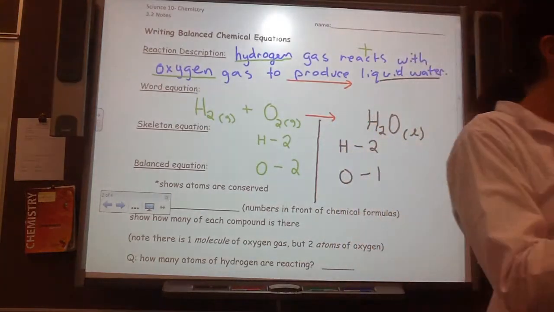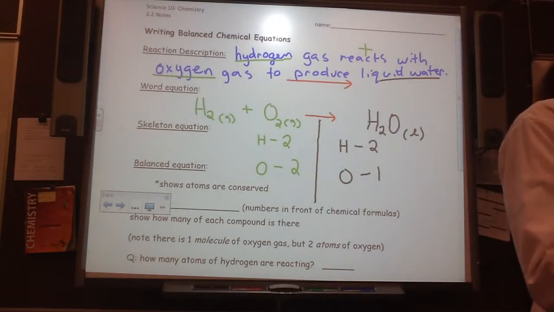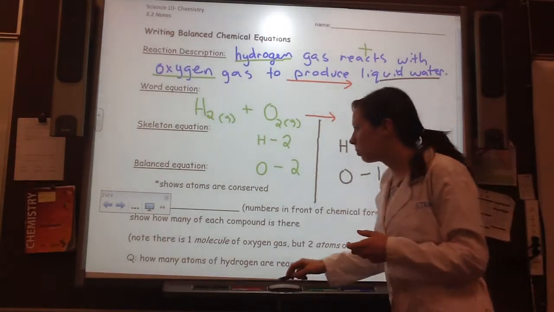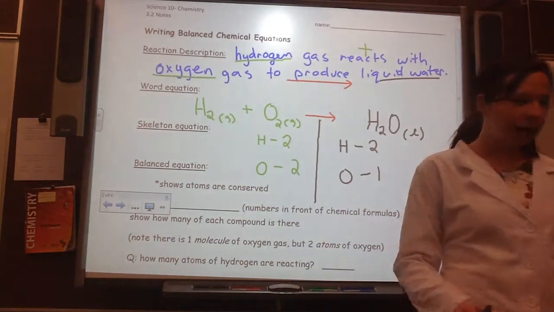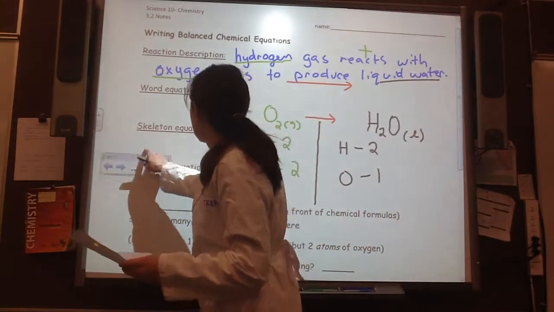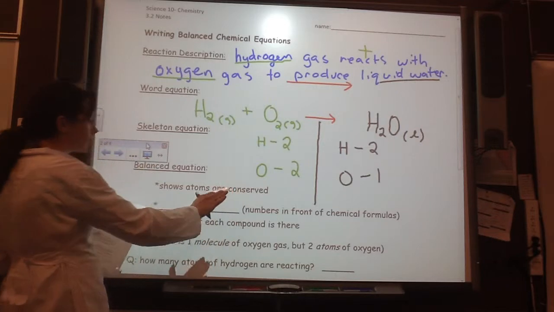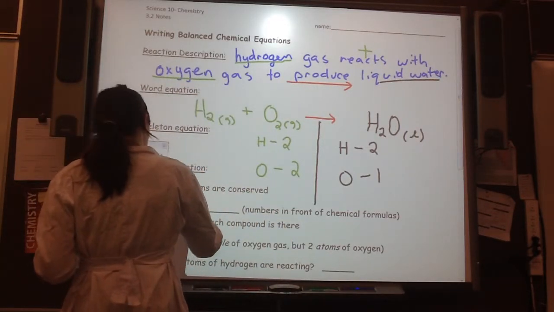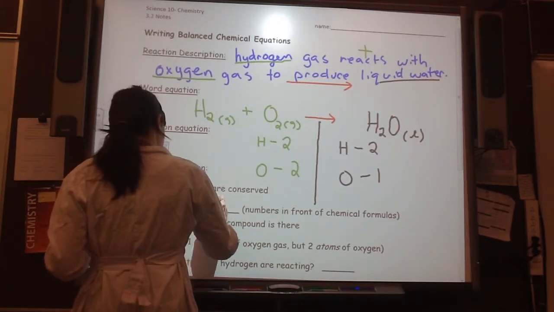Because you can have more molecules of something. You can't change the actual molecule, but you can put in more molecules. What I mean by that is something called coefficients.